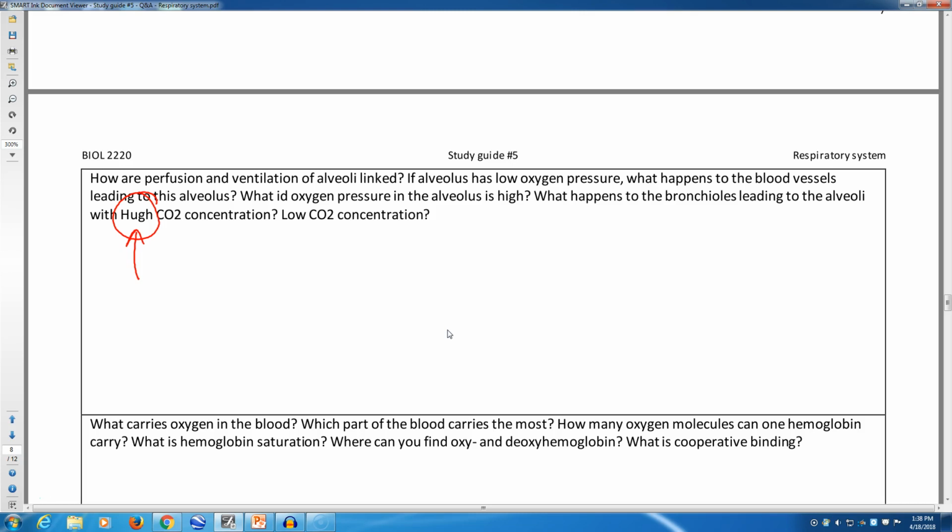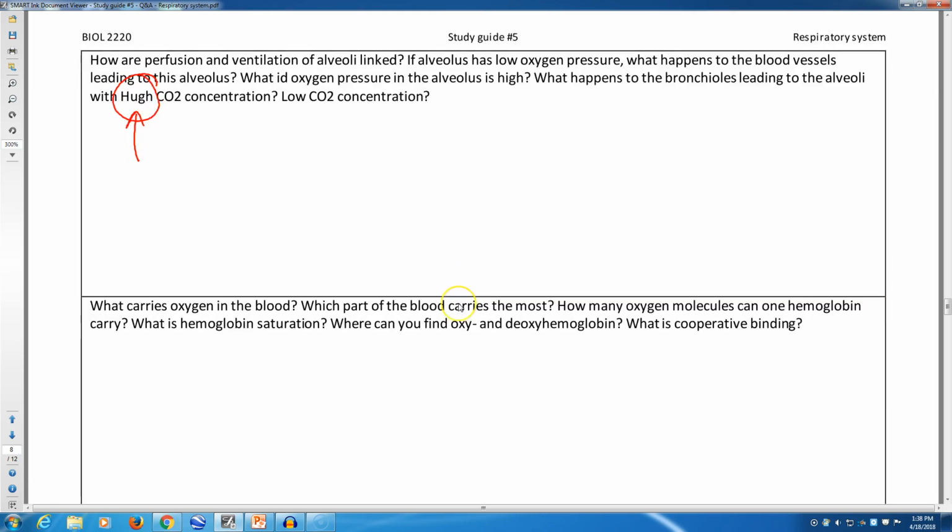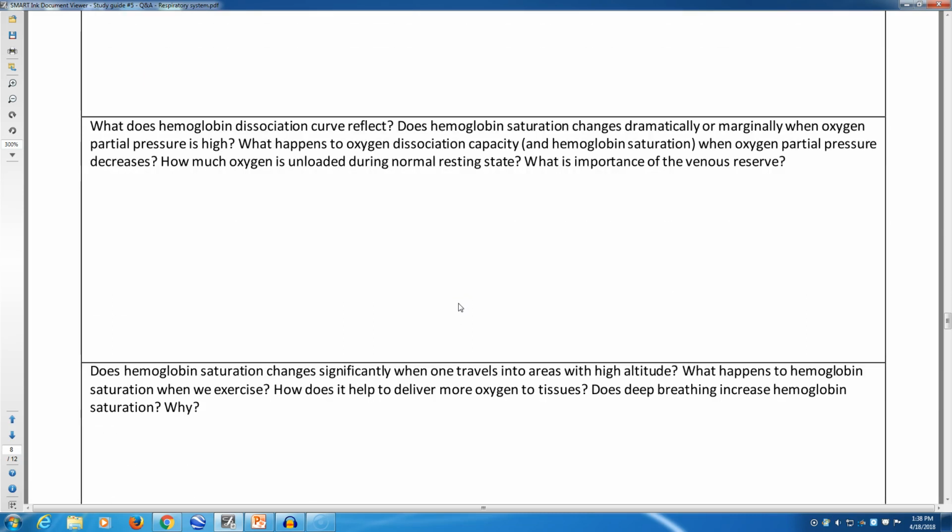Cooperative binding. Each next oxygen binds easier than the previous one. Make sense? Hemoglobin dissociation curve.